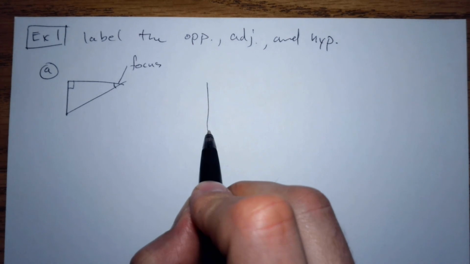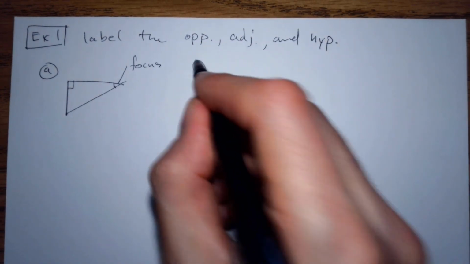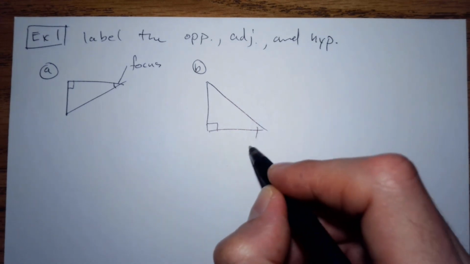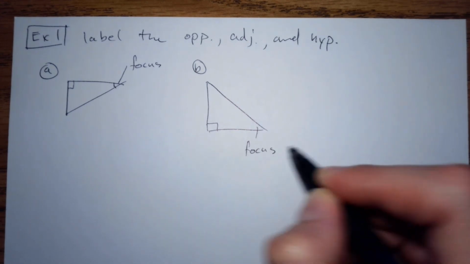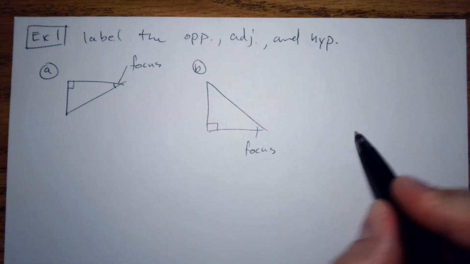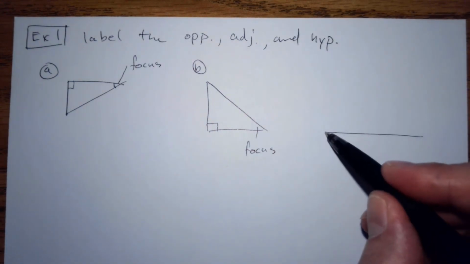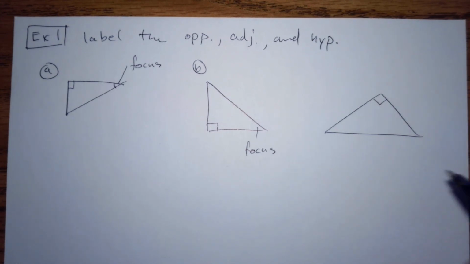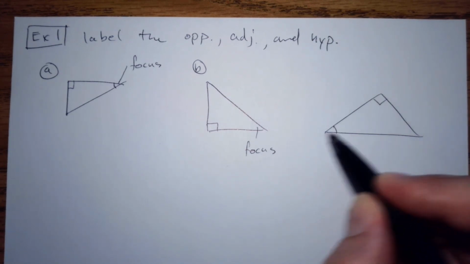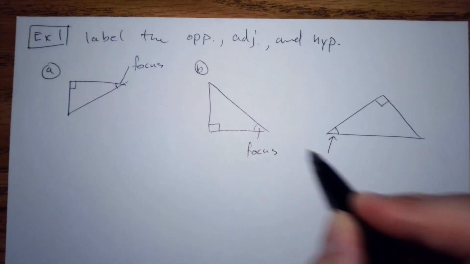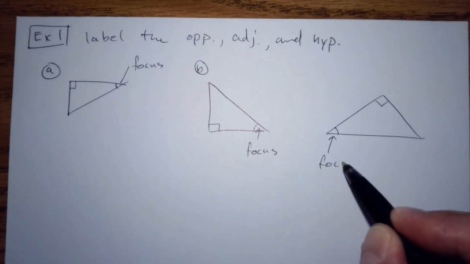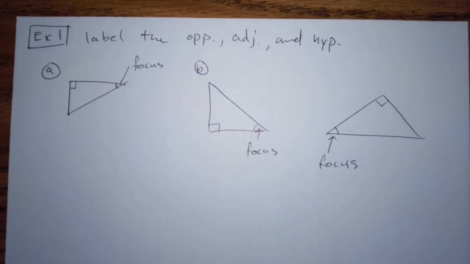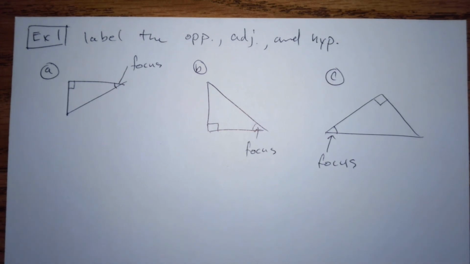Vertical line, horizontal line. This is B. Connect. Right angle. That's the focus. And then the last one is a little bit weird. Focus. So I want you to label all three of these on each of these triangles.